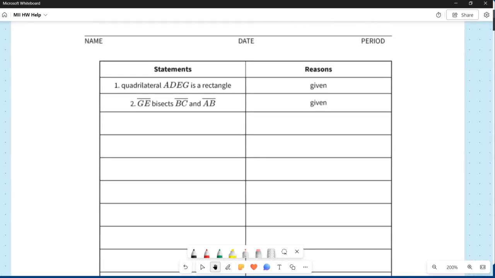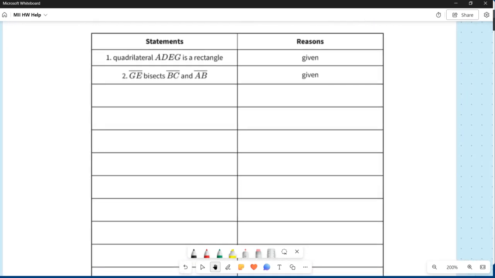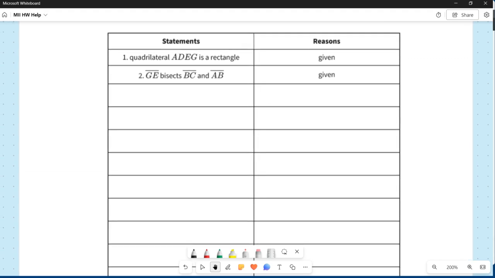All right. So our 2-column proof looks like this, and we've already started by writing out some statements and writing out the reason that we are able to say that statement.